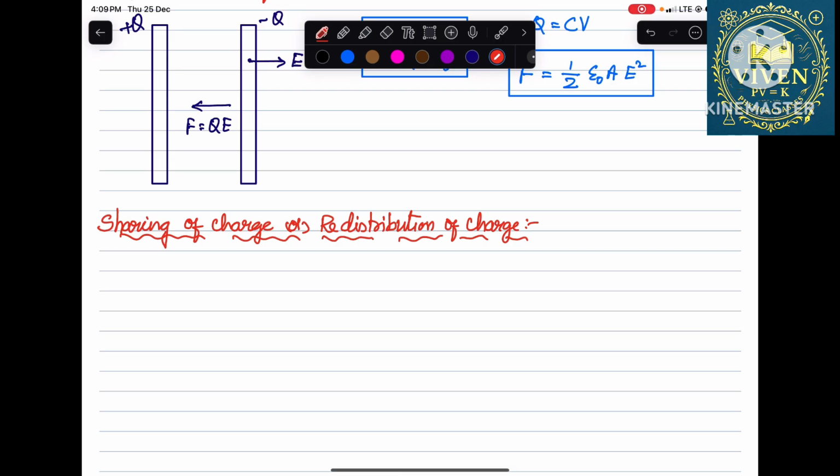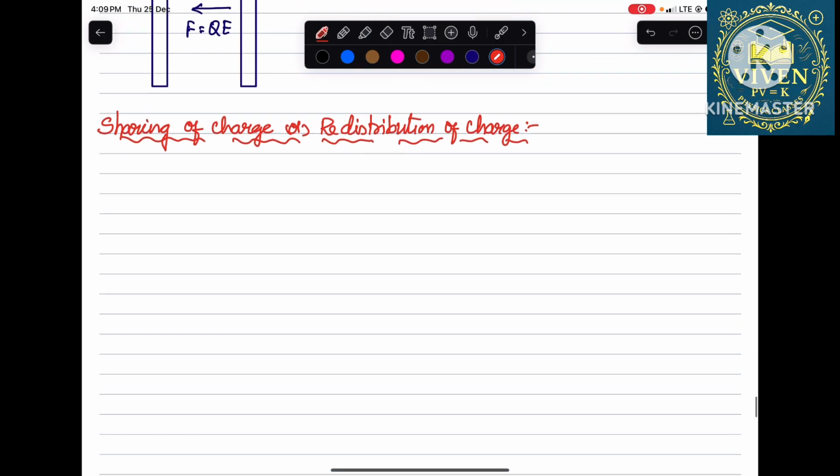Now try to understand this combo, whatever I explained here. I would like to draw the diagram. See here, just try to understand what they are trying to explain. So now this is one capacitor and this is another capacitor, and these two are connected in parallel. But here there is a switch.